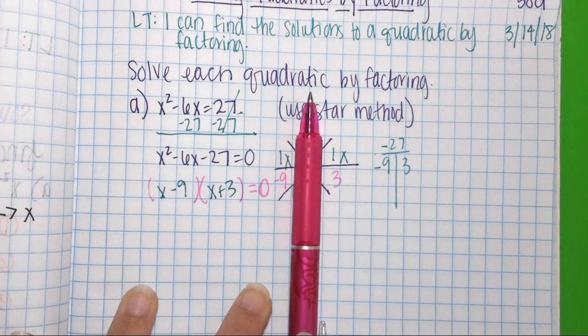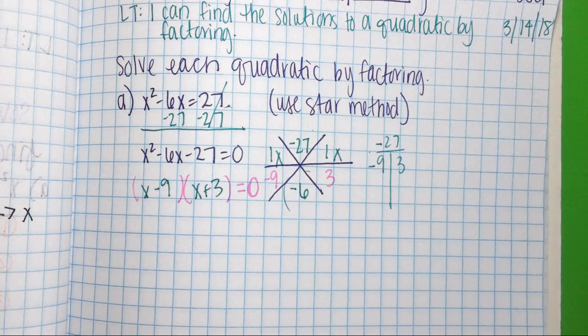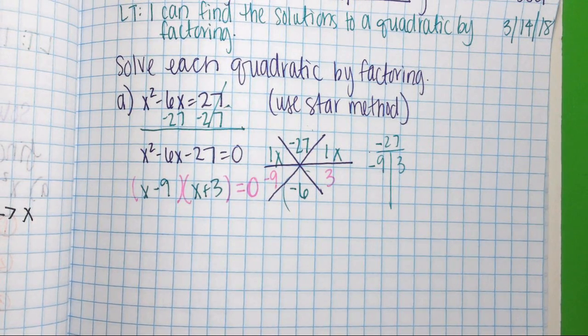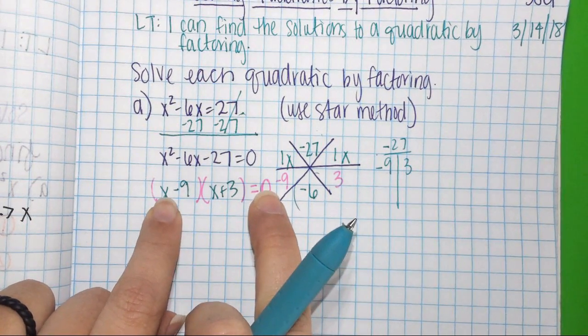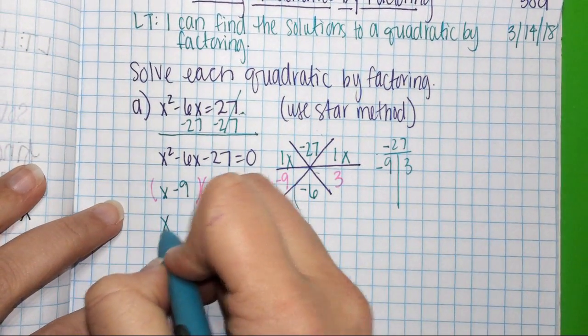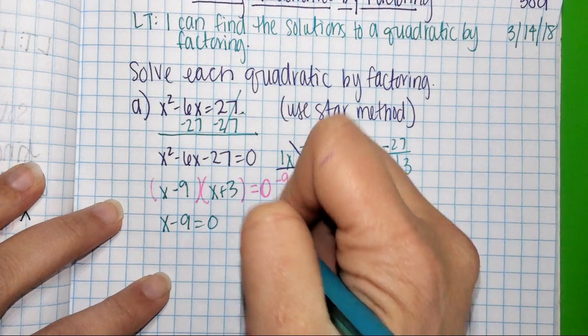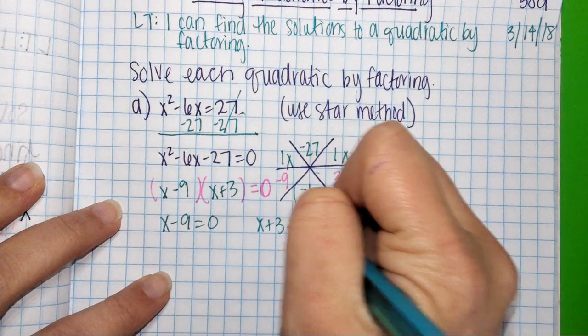Ta-da! Now, it says to solve it, correct? So we need to find our solutions. What you do from here is the part that's different: you take each of your parentheses and set it equal to 0. So we have x minus 9 equals 0, and x plus 3 equals 0.